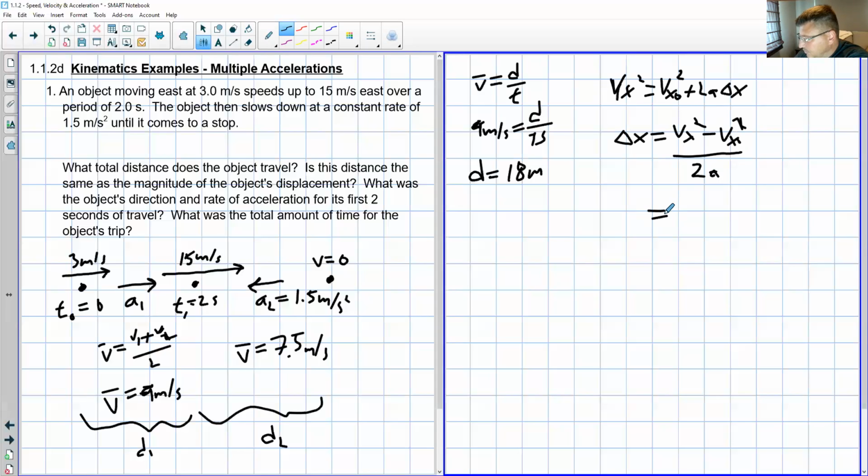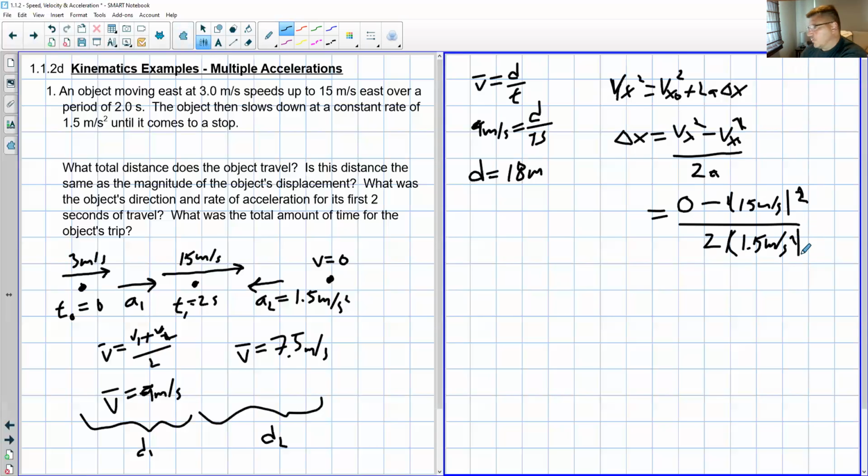So that's going to be 0 minus 15 meters per second, squared, over 2 times 1.5 meters per second squared.